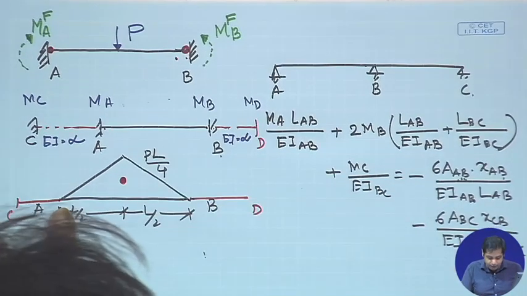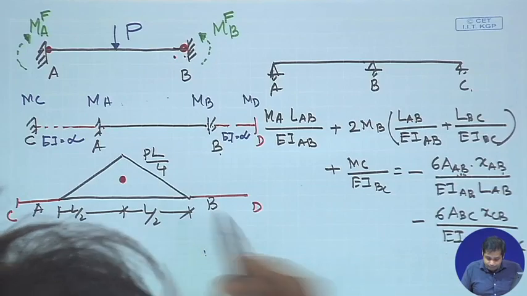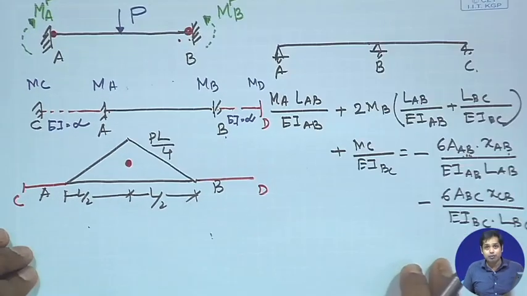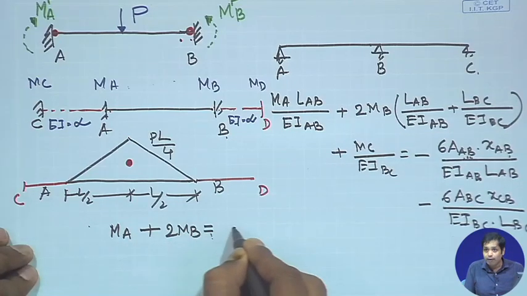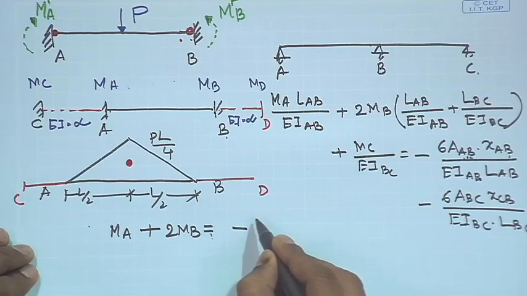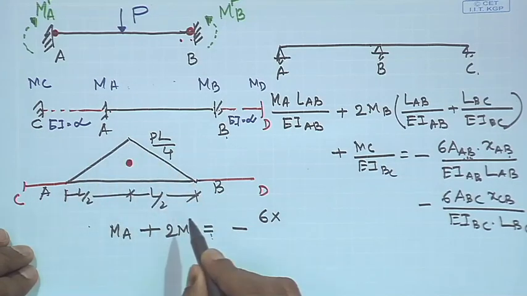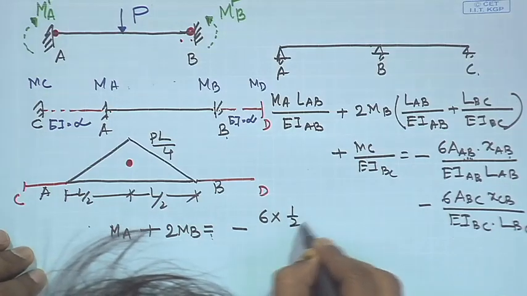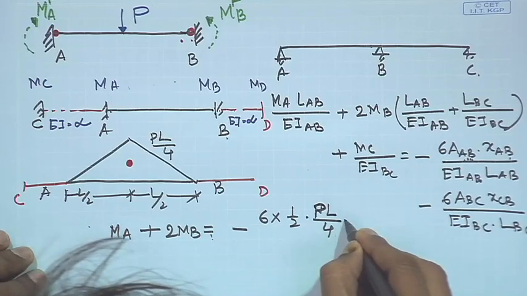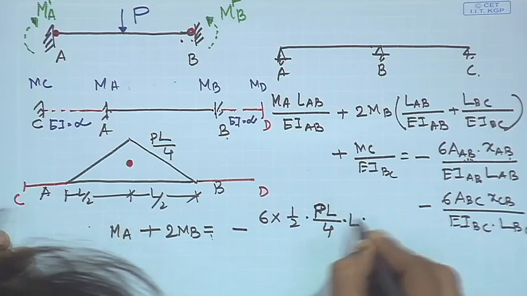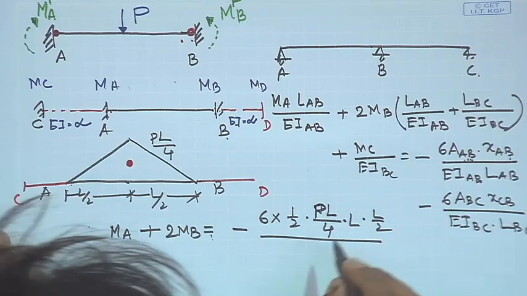Okay. So now we apply the three moment equation at A and again at B. If we do that, then the corresponding equation that we get is M_A plus 2 M_B is equal to minus 6 times A_B of this diagram over L squared. A_B of this diagram is half into PL/4 into L, then into the distance from A, which is L/2, divided by L square.